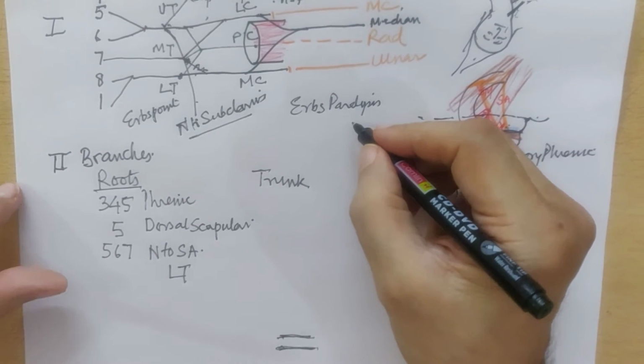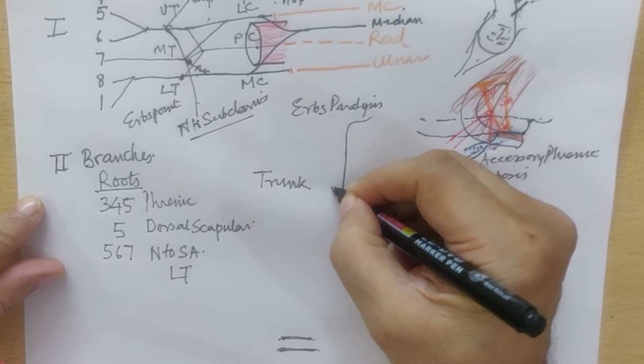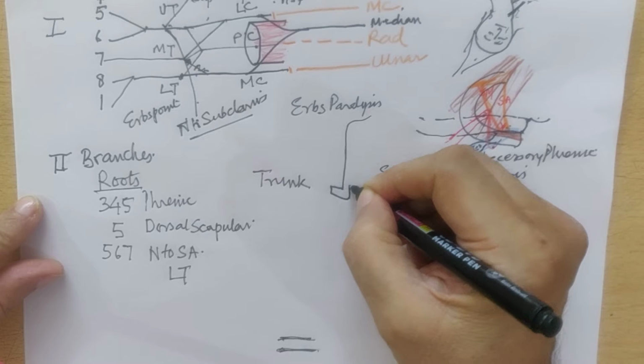In the Erb's paralysis, there is a typical policeman tip-taking position.